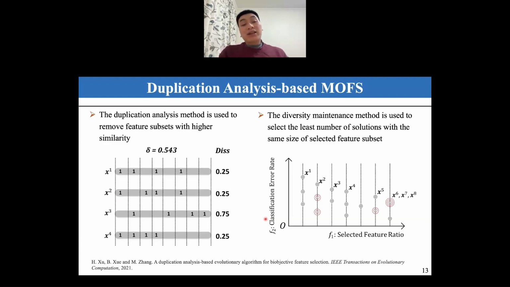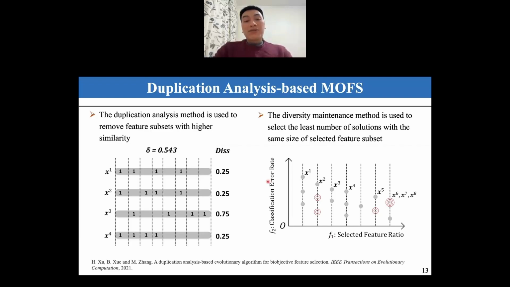Based on that, we can tell whether two feature subsets disagree on some features. The more difference between one feature subset and other feature subsets, the more unique that feature subset is. The dissimilarity here tells us how unique the solution is.